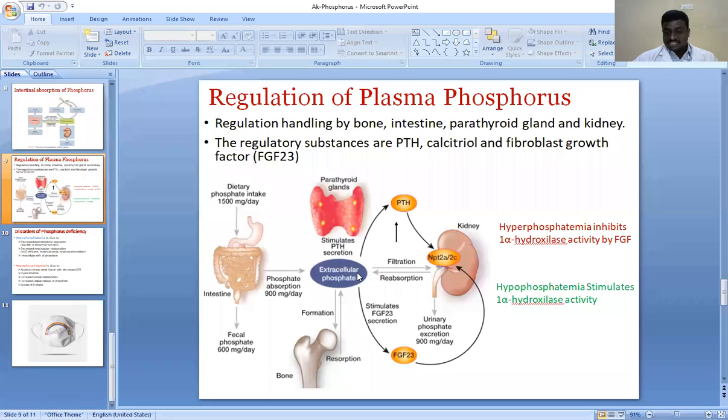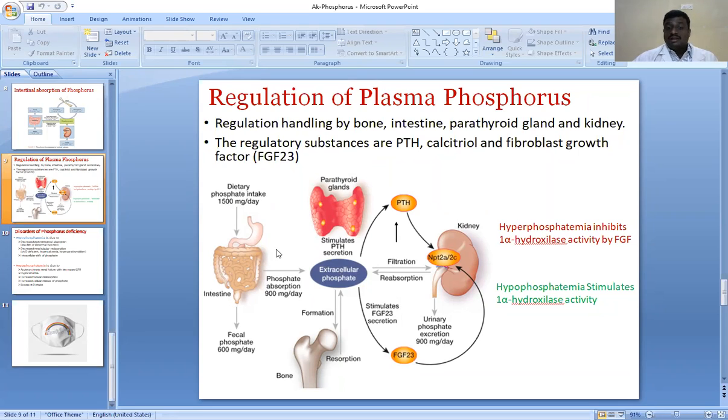So in hypophosphatemia, the 1 alpha hydroxylase enzyme in the kidney is activated. Whenever 1 alpha hydroxylase activity is increased, more vitamin D3 is produced in the kidney. More vitamin D3 is released into the blood and reaches the intestine.